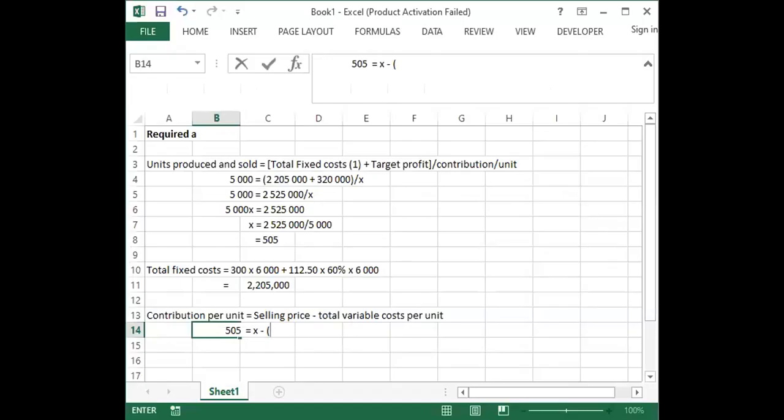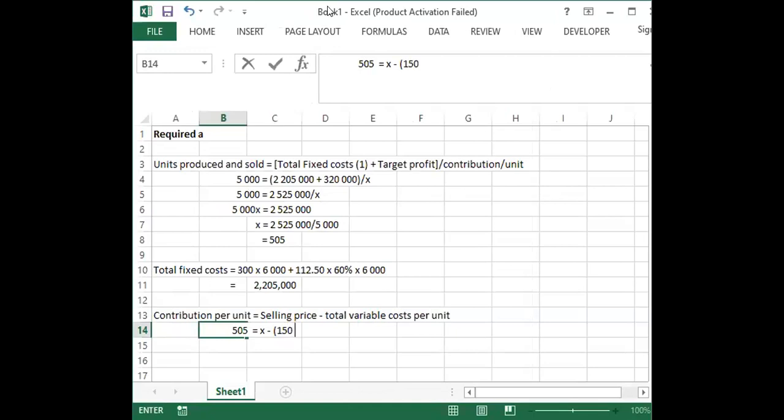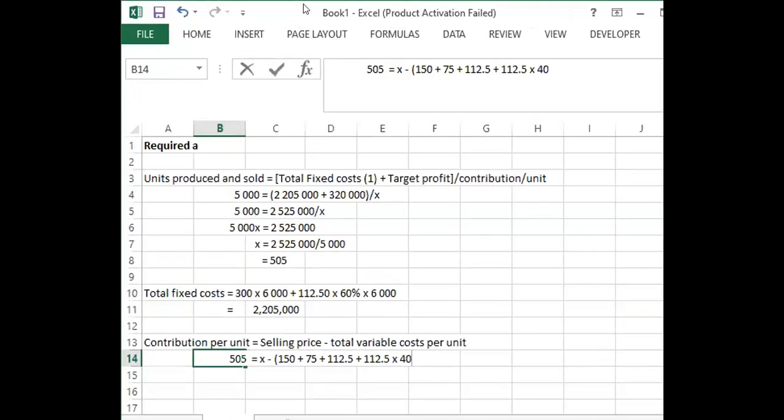So this is going to be 150 plus 75 plus 112.5 plus, so this 112.5, the other one is the one where we only need about 40%. So times 40%, and then we can close that bracket there.